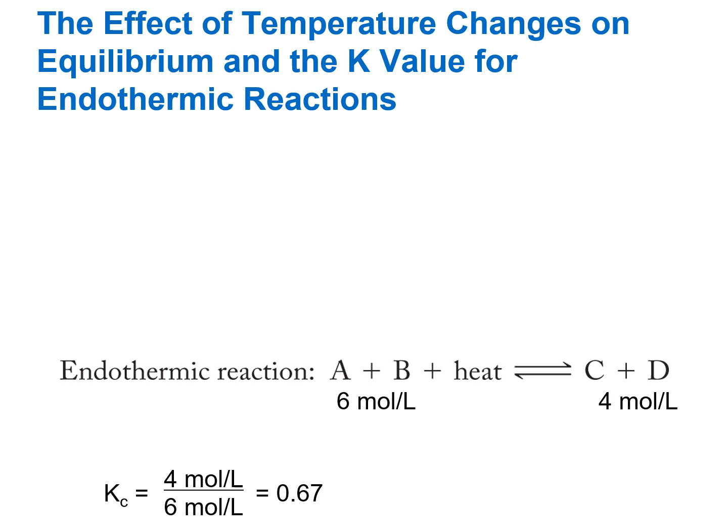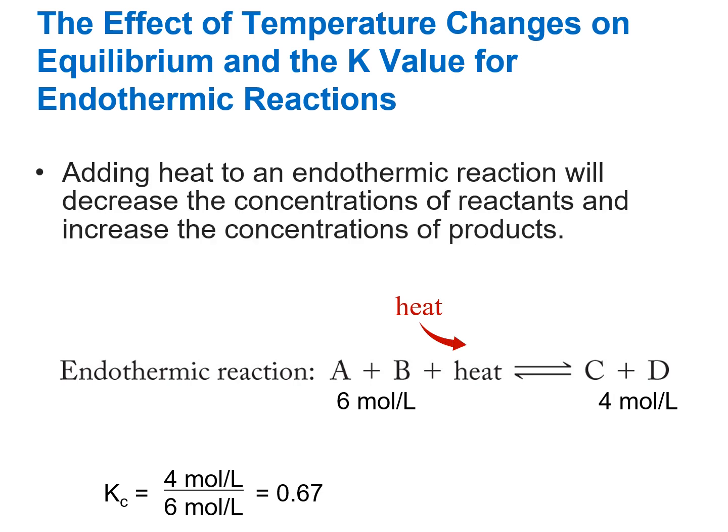Now, what happens if we add some heat in here? Well, we know that adding heat to an endothermic reaction is going to decrease the concentration of the reactants, and it's going to increase the concentration of the products because this reaction is now being driven to the right. It is favoring the production of the products. So we'll see a loss of our reactants because they're being converted to products, and we'll see that gain in our products.